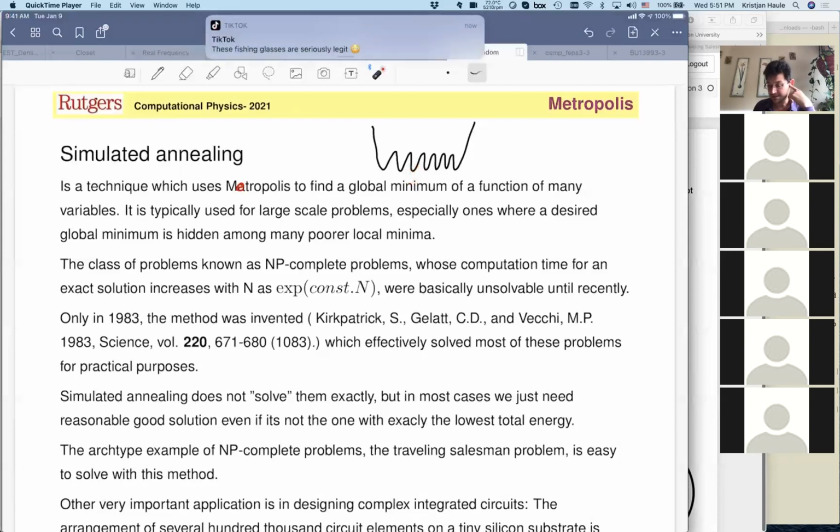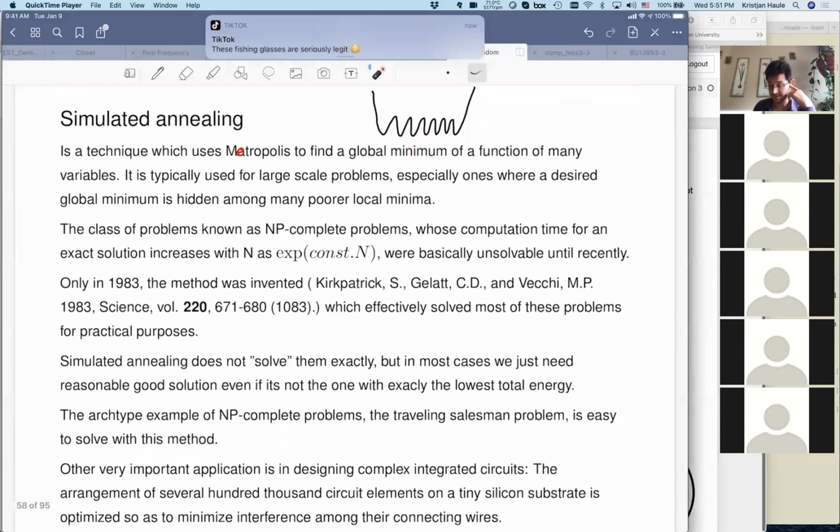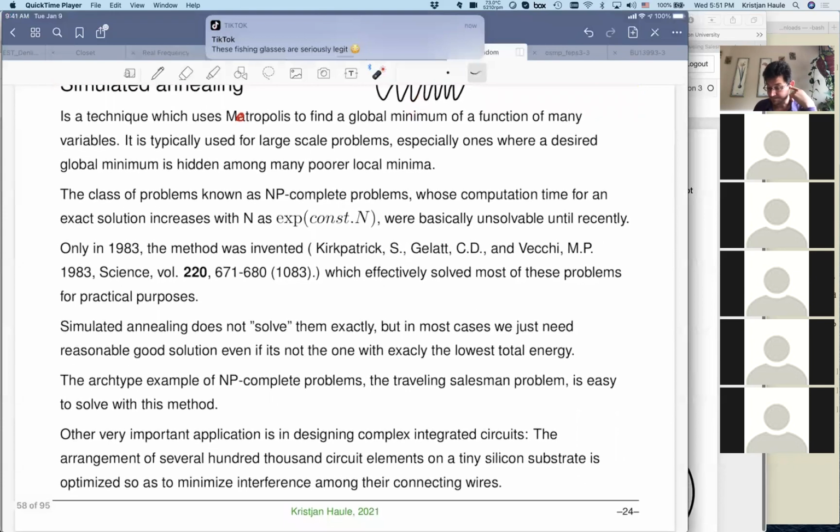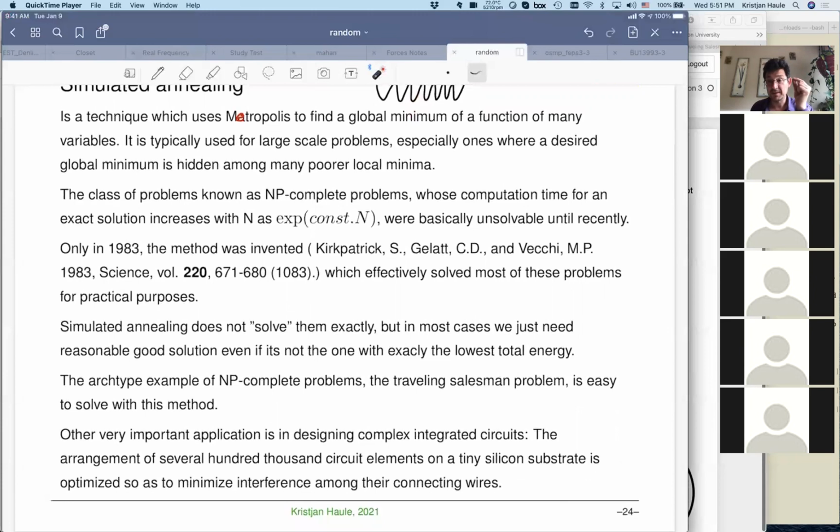Now, of course, in practice, we cannot change it infinitely slowly. So we might still end up in local minima, but still the hope is that for reasonably slow changing of temperature, we are likely to end up in the global minimum.